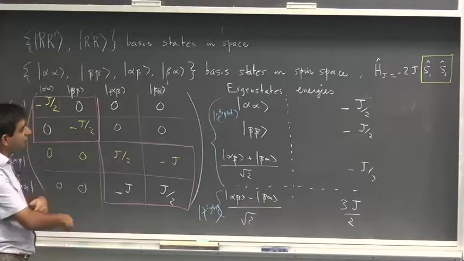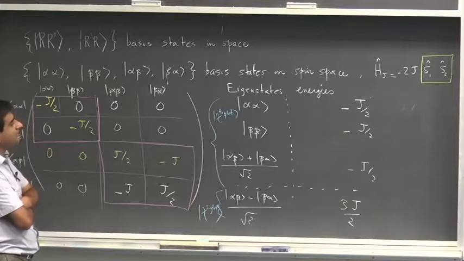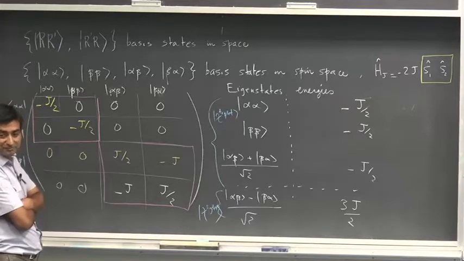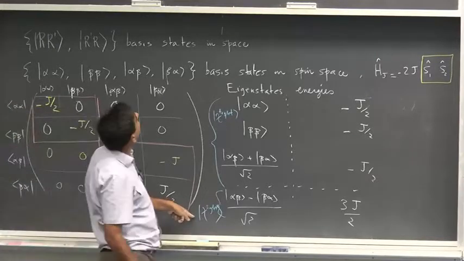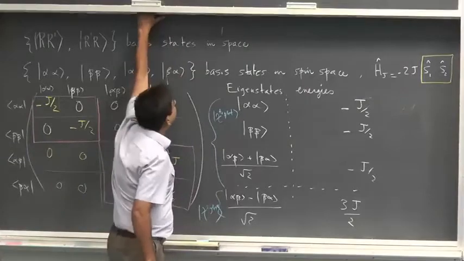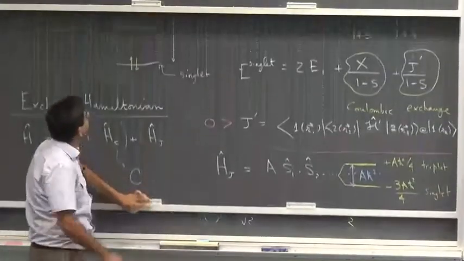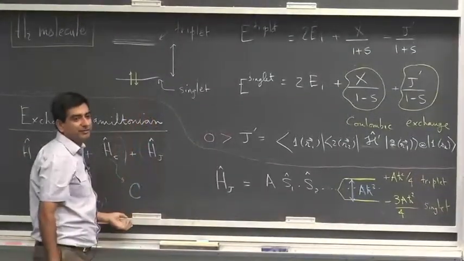And you will also notice one thing. If J is negative, as it is in the hydrogen molecule, then the singlet is lower in energy, and we recover the same kind of diagram that we've drawn over here.